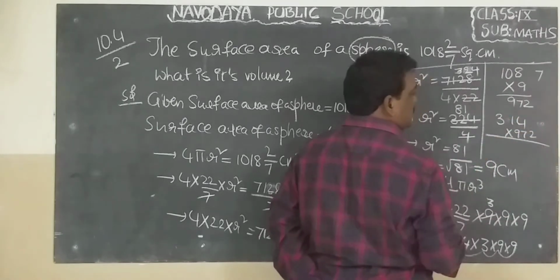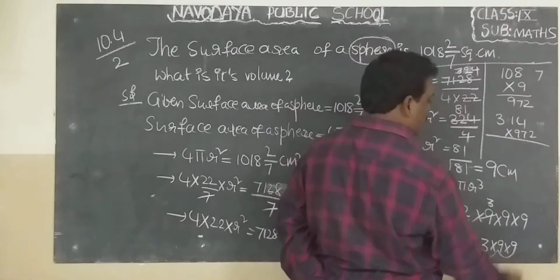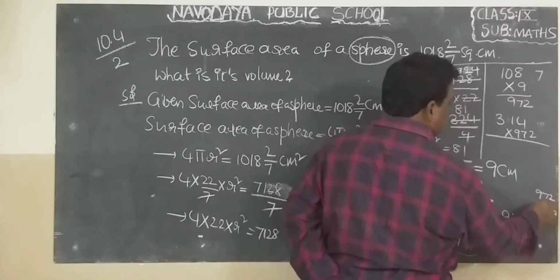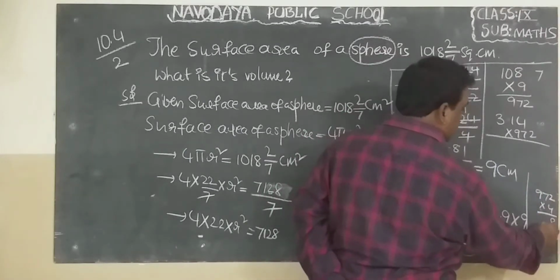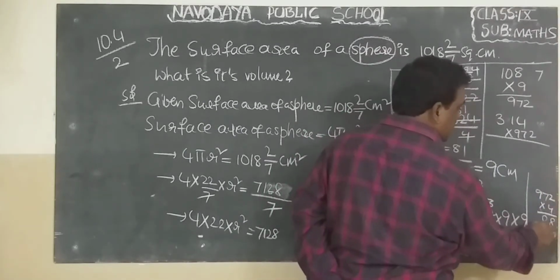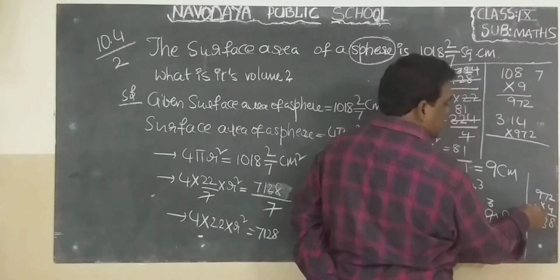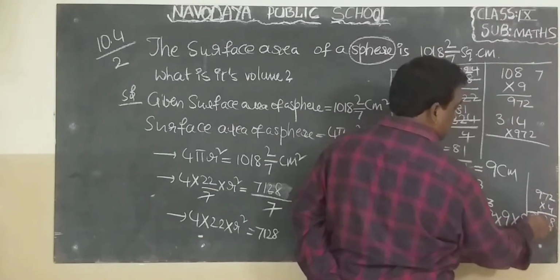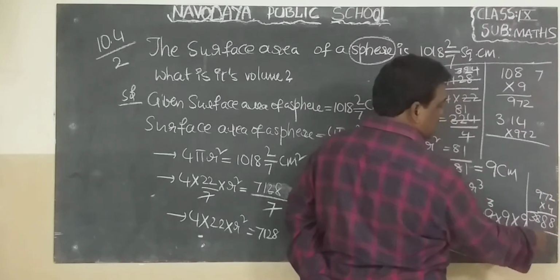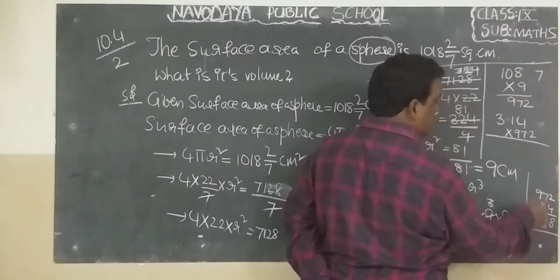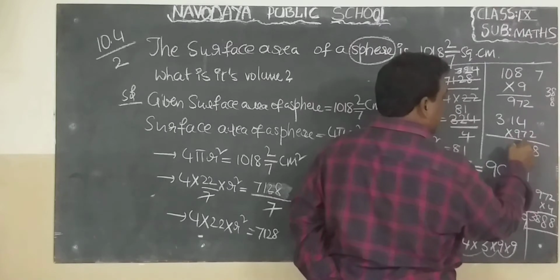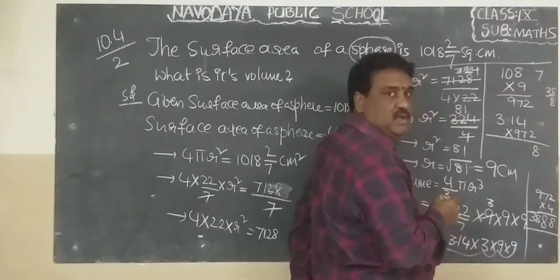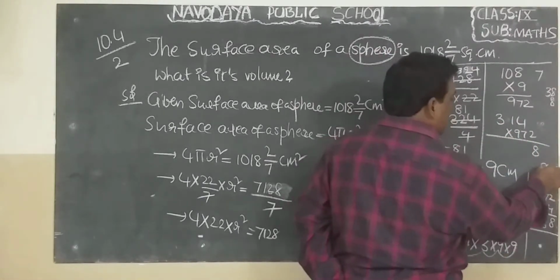How much? 972 into 4. 4 2s are 8. 4 7s are 28. 4 9s are 36, 38. 972 into 1, 972.